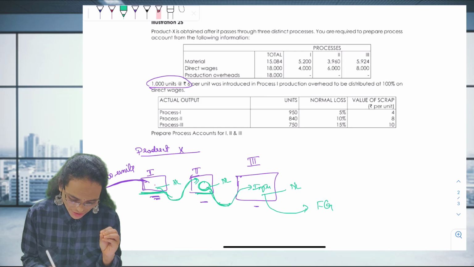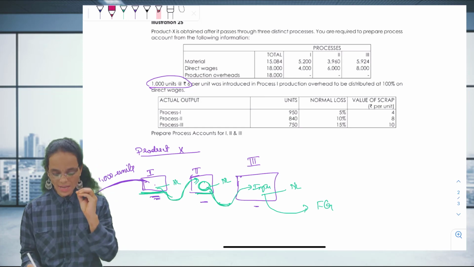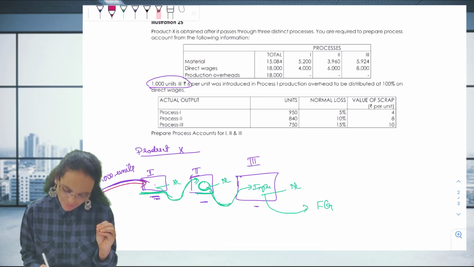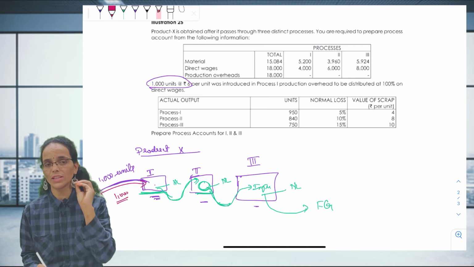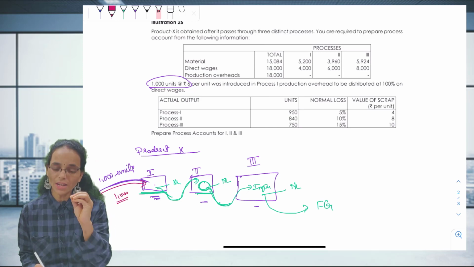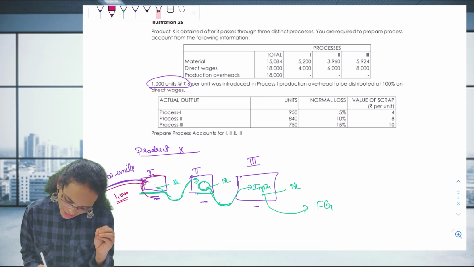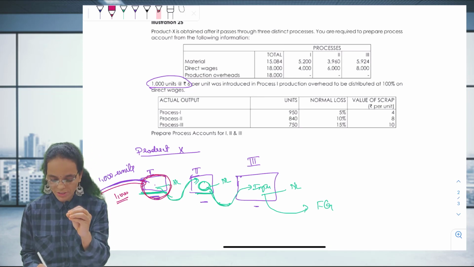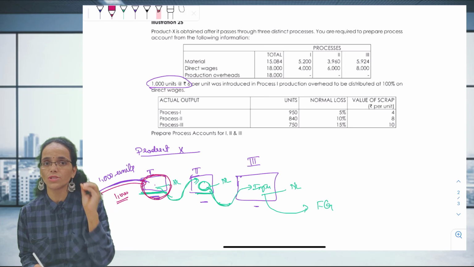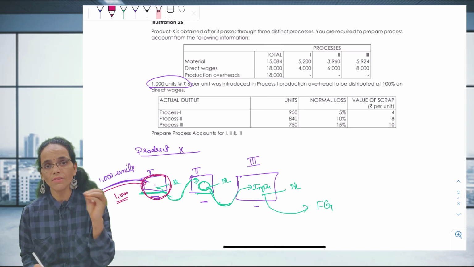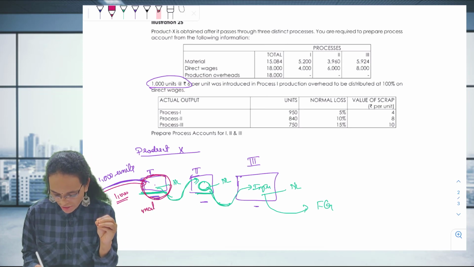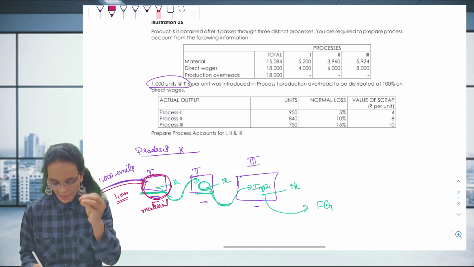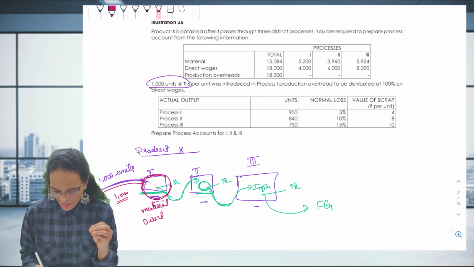So here, one by one, we will understand what is happening. Here we have given some input, the raw material. Initially we have given 1000 units of raw material. Then if the process demands additionally, apart from the 1000 units introduced in the first process, we will give additional material, direct labor and overheads.